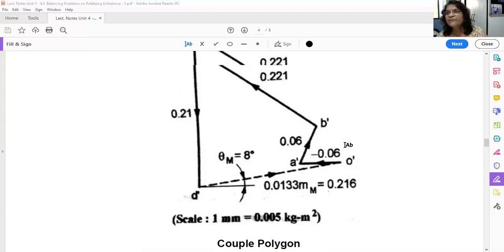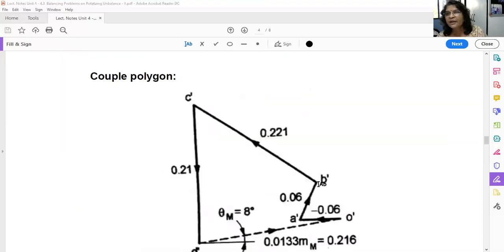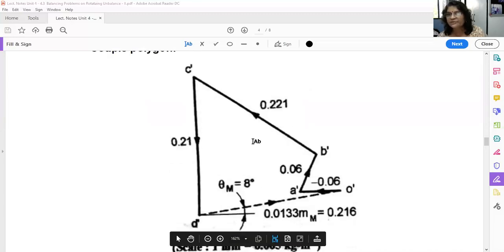Now the third couple vector, which is that one? Magnitude is 0.221. Angle is 145 degree. So draw this third vector, at 145 degree from the positive x-axis. From B dash to C dash, draw this vector. What is the length? 0.221 divided by 0.005. Now we are here at C dash.